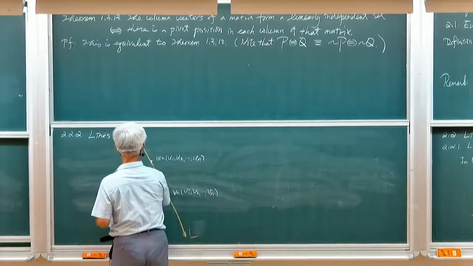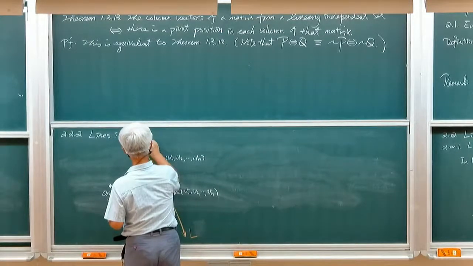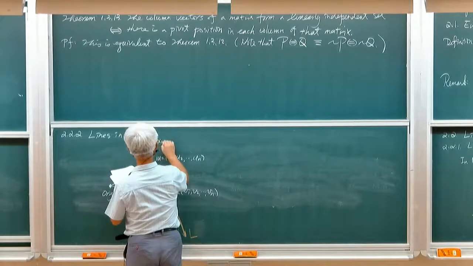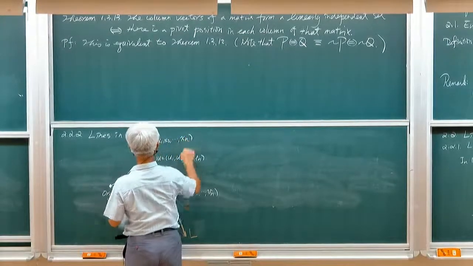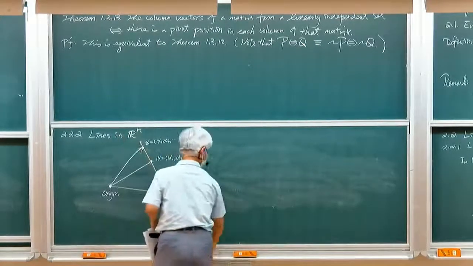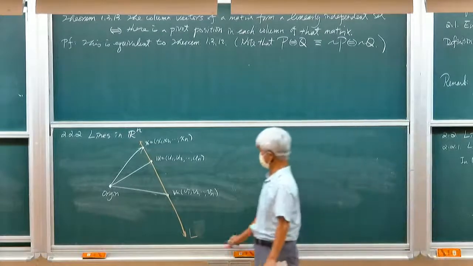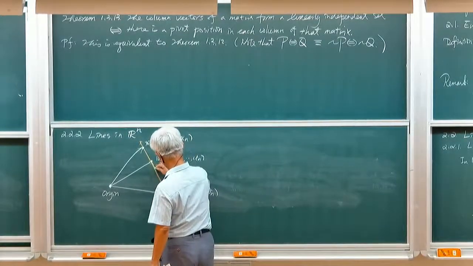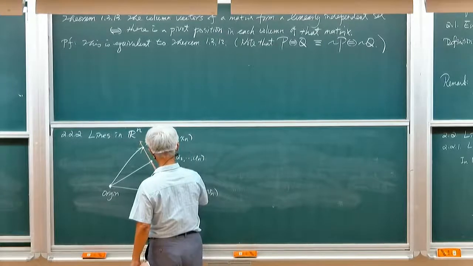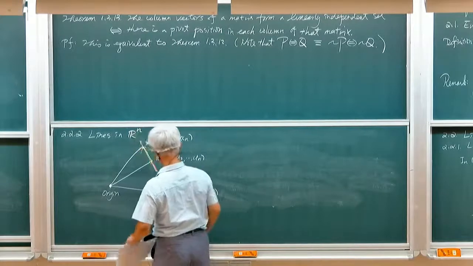Similar ideas. Suppose X is a point on the line L. We have V minus U, and the difference vector X minus U here.